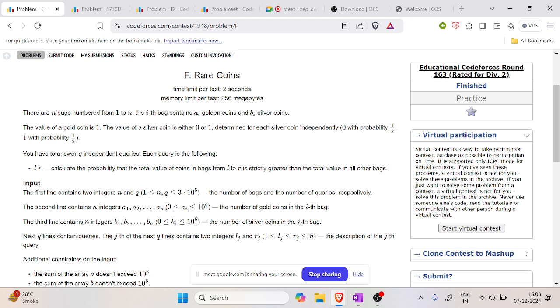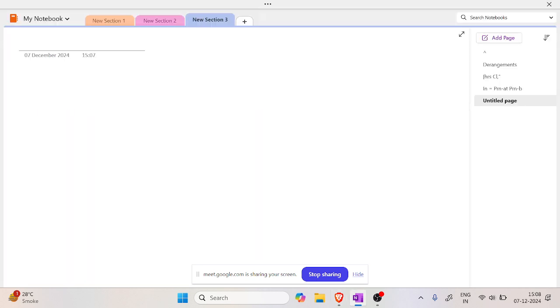What really matters here is not the actual number of gold and silver coins in each bag. In fact, you can basically just assume them to be two large bags. Only the fact that it is outside or inside the range matters.